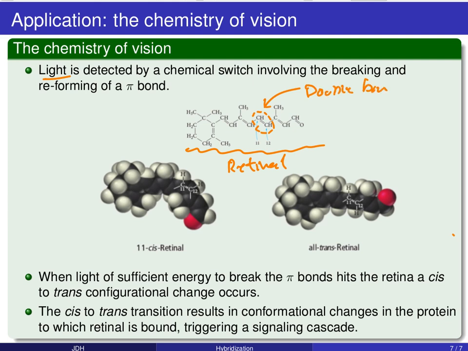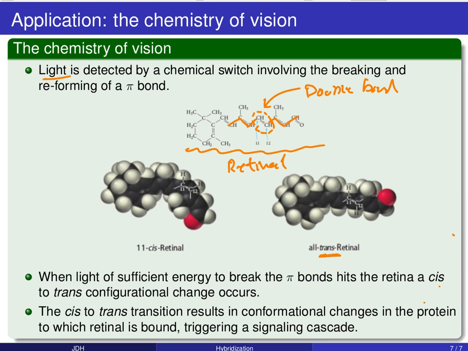And this double bond can exist in one of two possible states. You can either have this long carbon group on the right hand side going up and the long carbon group on the other side going down the other way. These long carbon groups are effectively on opposite sides of the double bond. We call that a trans configuration, so we're going to call this trans-retinal.